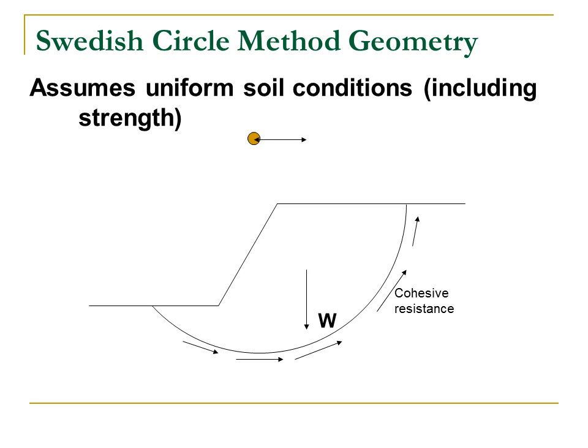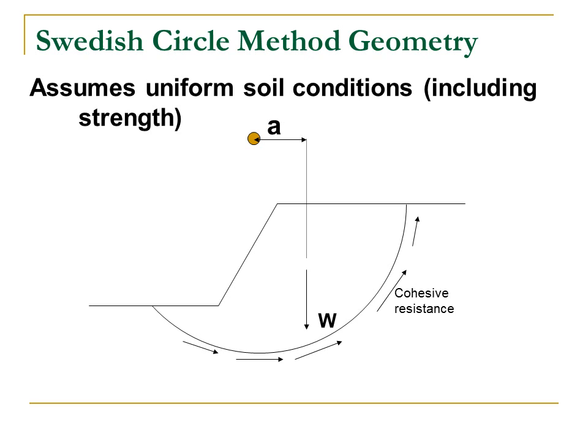We need to look at all the forces acting on our soil, and we really only have two. We have the weight of the potential sliding mass and the cohesive resistance along the potential slip surface. And those are the forces that are shown here. But now we need to look at moments about the center of rotation. To do that, we need to know the moment arm.